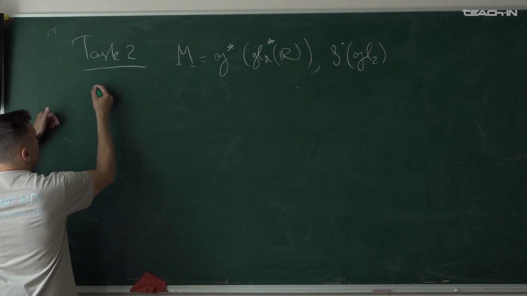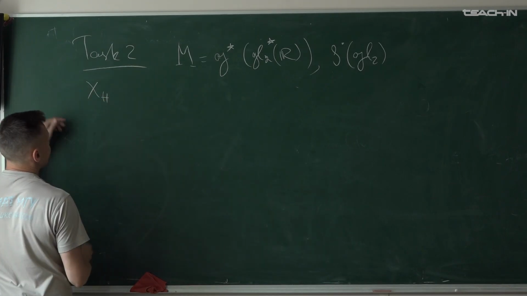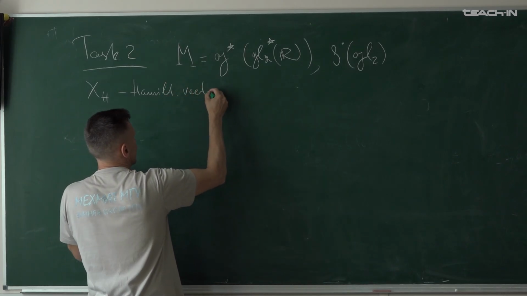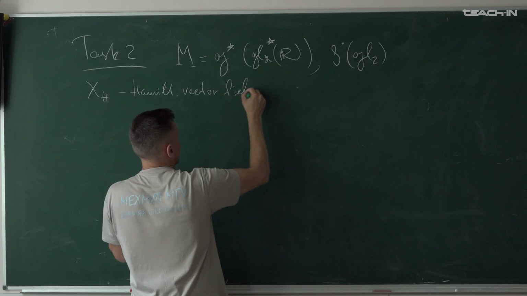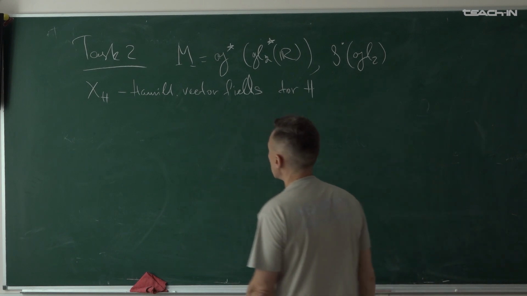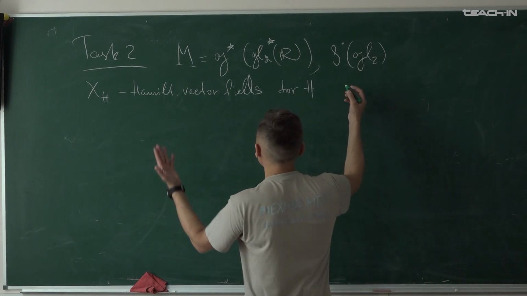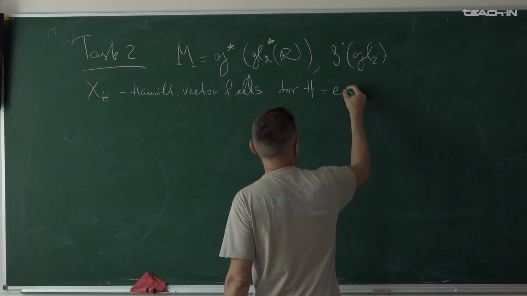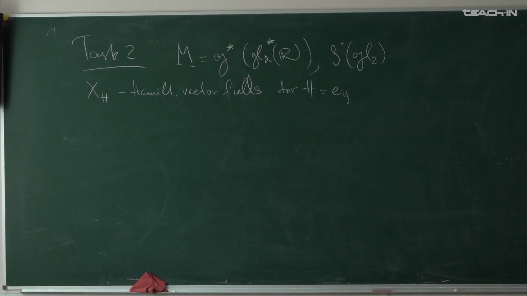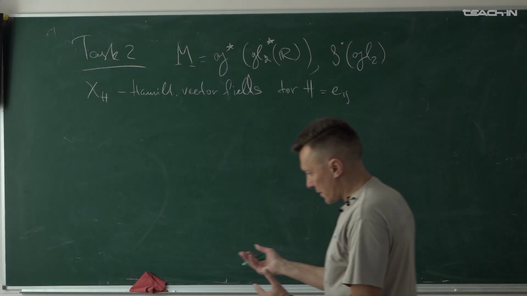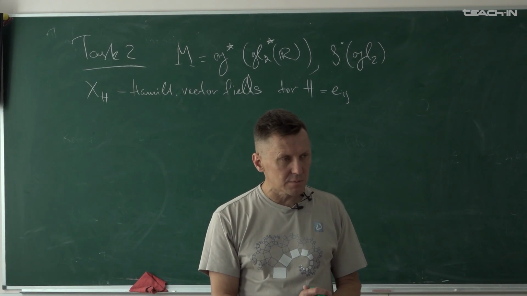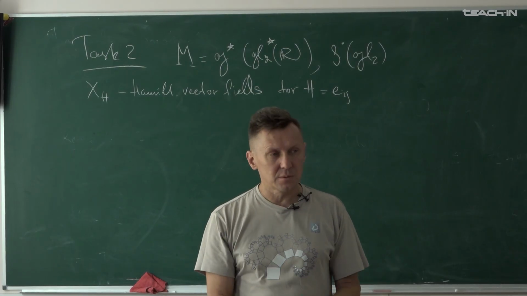And we consider now Hamiltonian vector fields for functions h which are just linear functions. So let us consider Hamiltonian vector field on our Poisson manifold with a Hamiltonian which is just a generator of the Lie algebra.